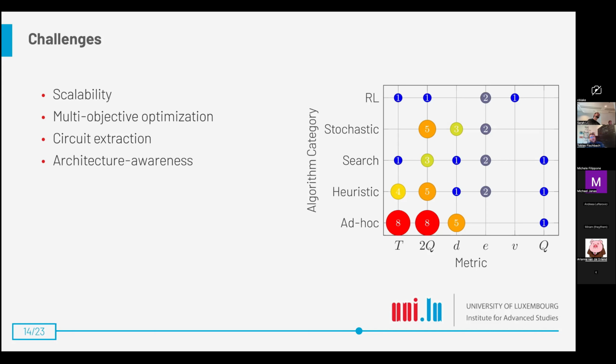And the interesting thing about this is that there is a genetic algorithm approach by Evan et al., where he tried to reduce the two-qubit gate count, and he found that the closer he got to beating the state of the art, the worse his results were on other metrics.